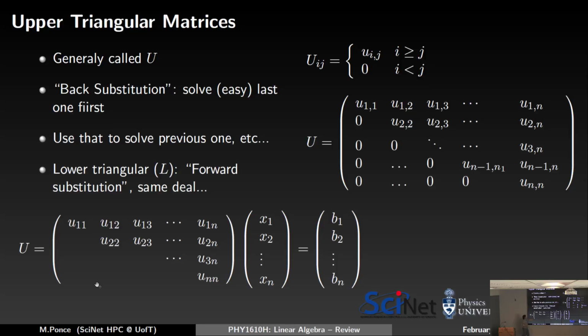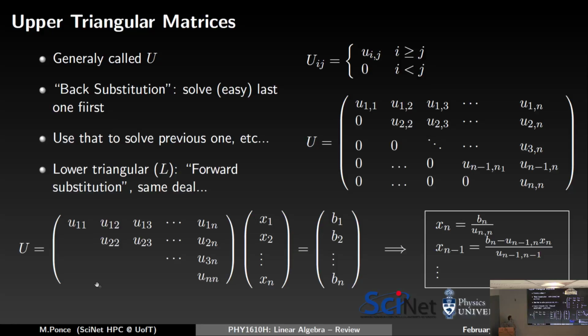If you look at the last row, it is pretty easy to solve, because Unn xn is equal to bn. And then I have xn, and then I can go up and do back substitution. So basically, you start by solving the last row. For the previous row, you will have xn minus 1, and then a contribution given by bn minus 1, but you will also have a contribution given by xn.